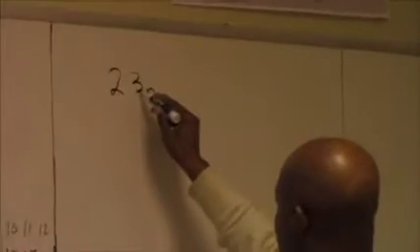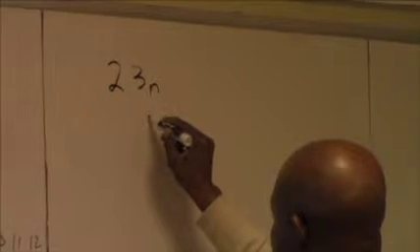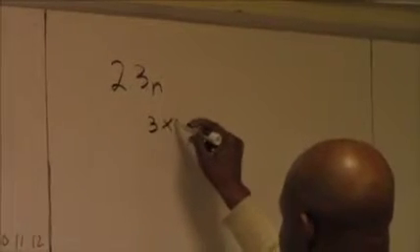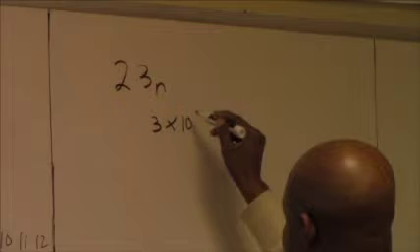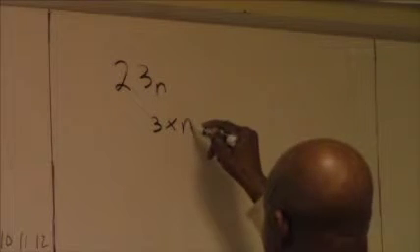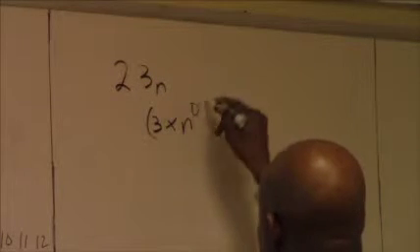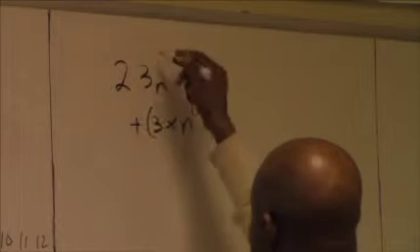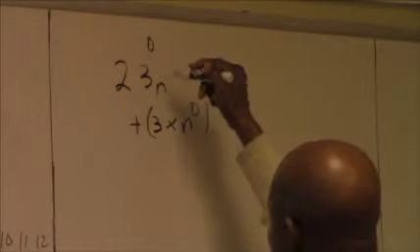So how do we proceed with such a problem? The digit in this position is the same as 3 times n, whatever the n is, raised to the power of 0, plus, so this is the 0 position, the 1's position.